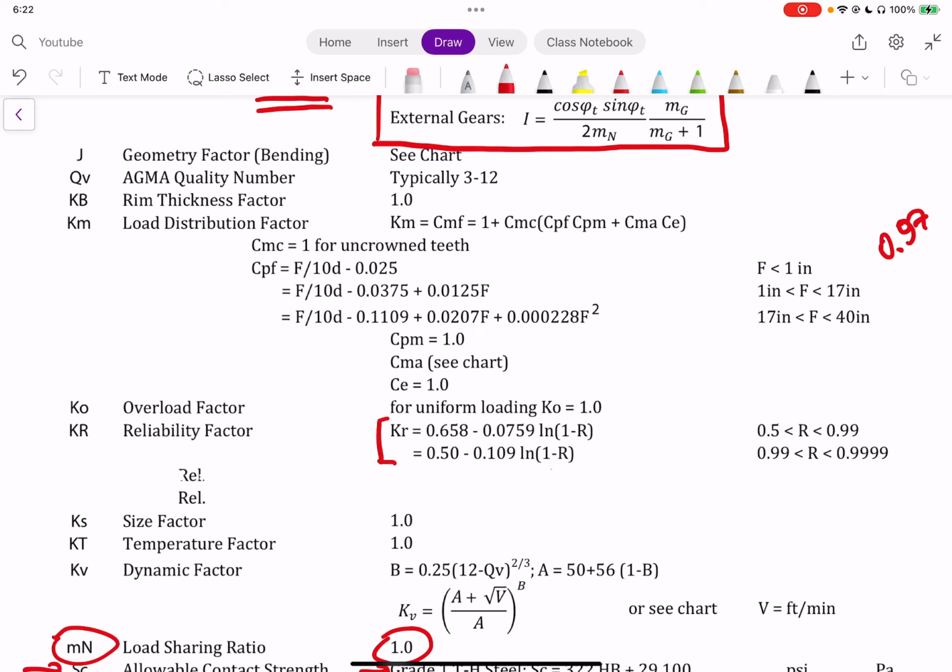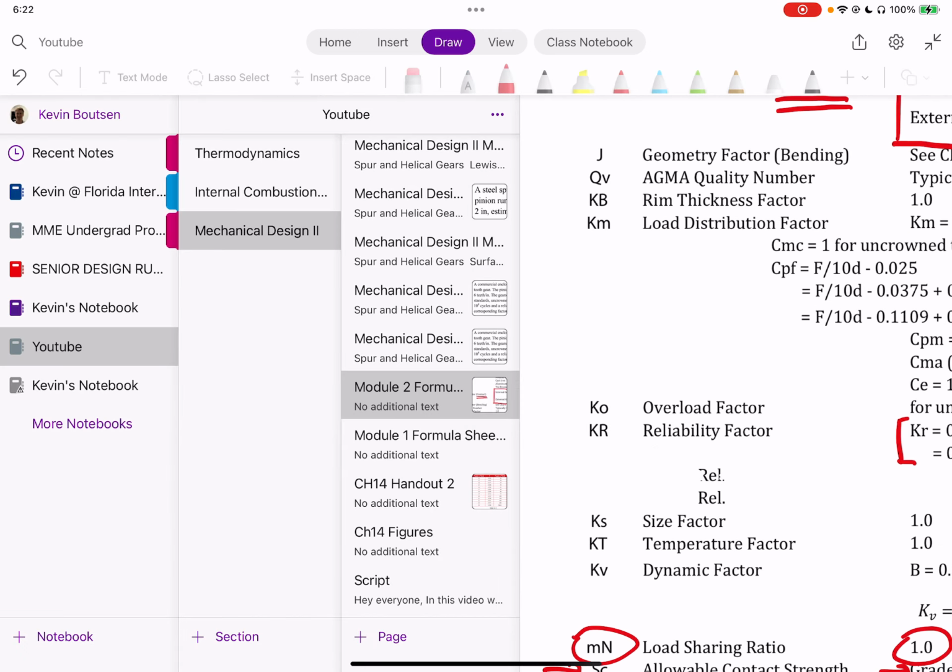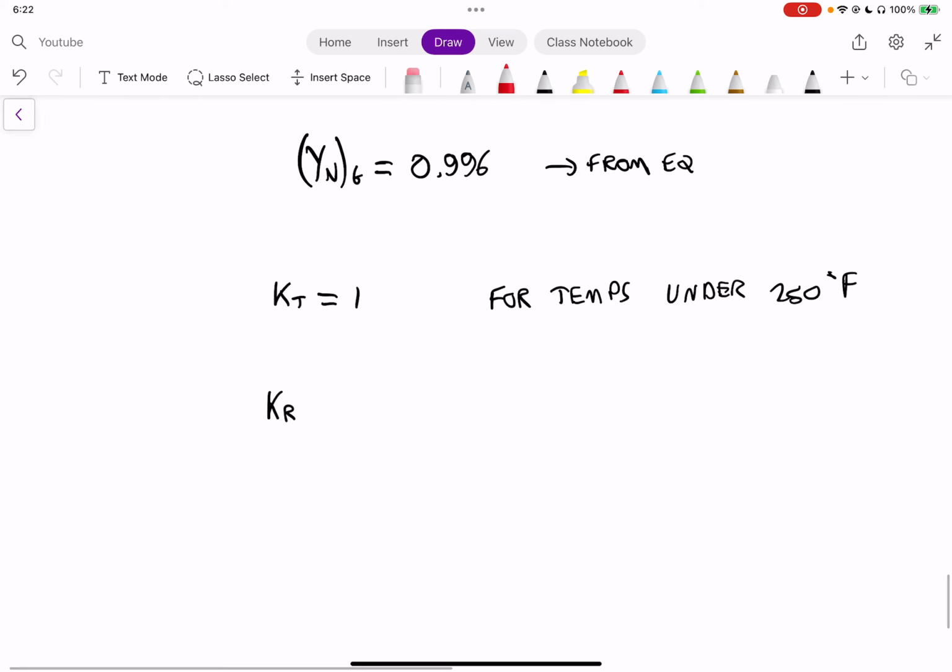We use the first equation if we're between 0.5 and 0.99. If we're between 0.99 and 0.9999, we would use the second equation. So in the end, if we plug the values in, we would get that KR is equal to 0.832. And this would be for a reliability of 0.9.